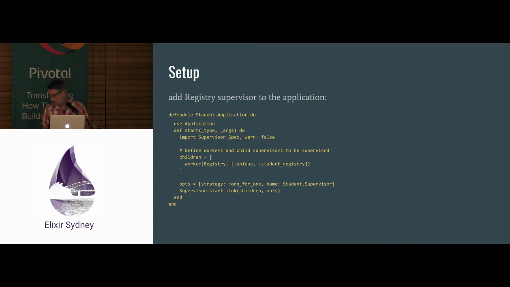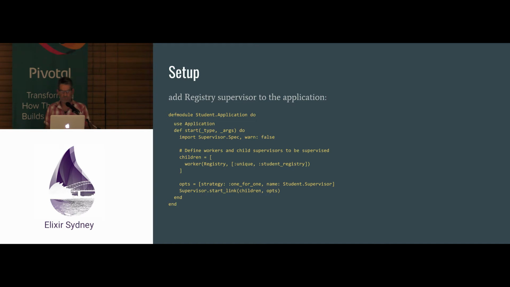So typically, as with most processes or most applications, we want our registry to be supervised. You can see down there, we've got our application. We're starting our application and we're adding the registry as a child, a worker child. You can see that I'm passing the unique option.